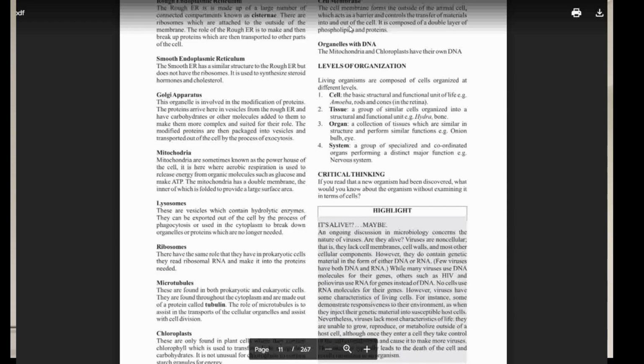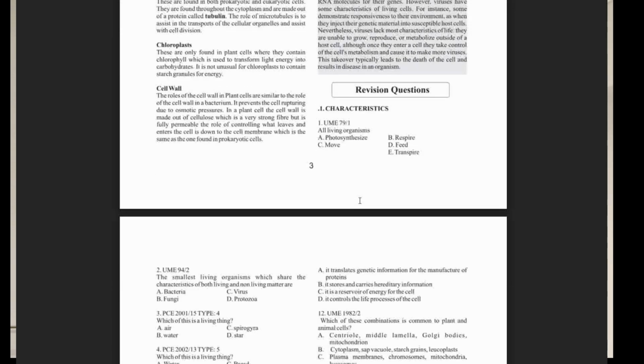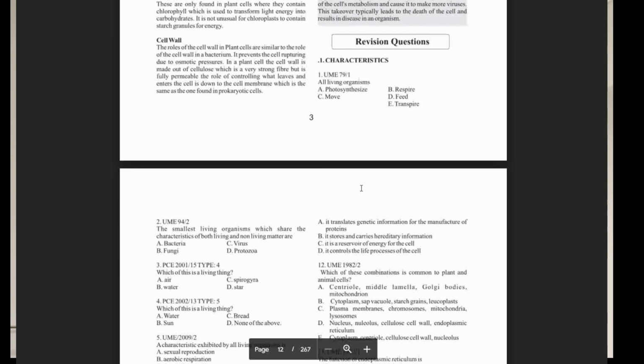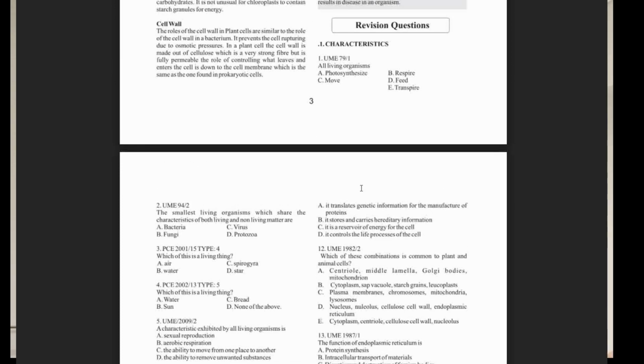Then you have revision questions from 1978. Another thing is, these questions are not chronological. We didn't just take 1978. We try to make them logical. So what's the best question to start with? It could be year 2000.